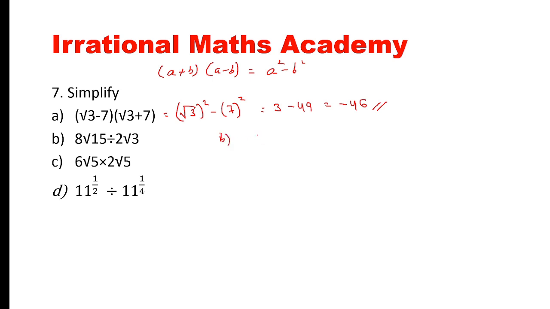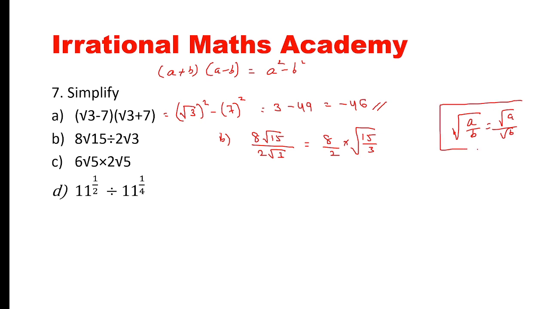Second answer, 8 root 15 by 2 root 3. What you can do is 8 by 2, and 15 by 3 you can do. Again we have one formula, right? A by B I can write as root A by root B. So when you have separate roots, you can do this.